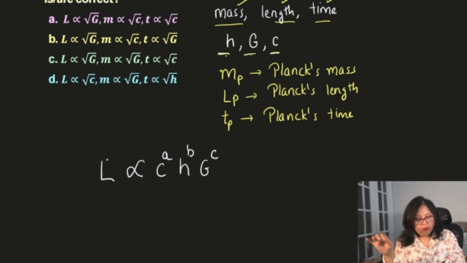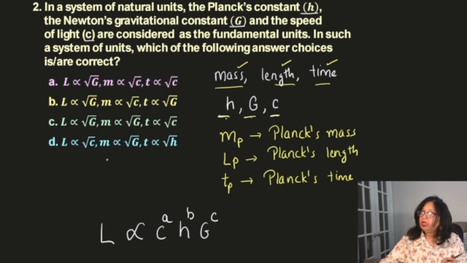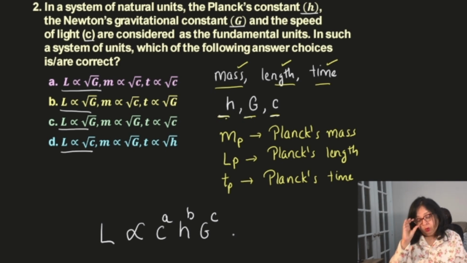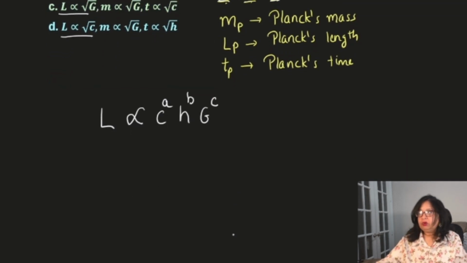And when I figure out a, b, and c, I have the dependence of L on c, h, and G. Once I know that dependence, I could figure out which of these four is correct. Actually in A, B, and C, L is proportional to square root of G. In D, L is proportional to square root of c. Which of these two options is correct? Let's see how to do it.